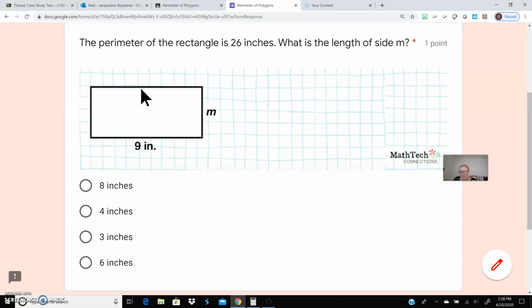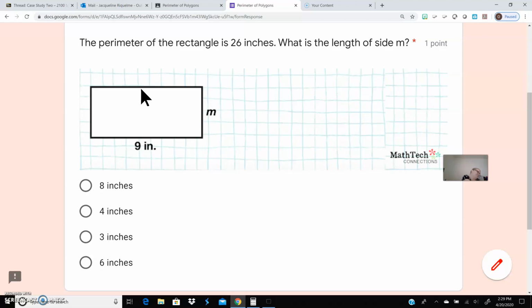Okay, so I need to figure out if 9 plus 9 is 18, well, I need to figure out the side for side M, and it's going to be the same as this side on the left. So I'm going to take 26, which is my total, and I'm going to subtract 18 from it. So 26 minus 18 is 8.